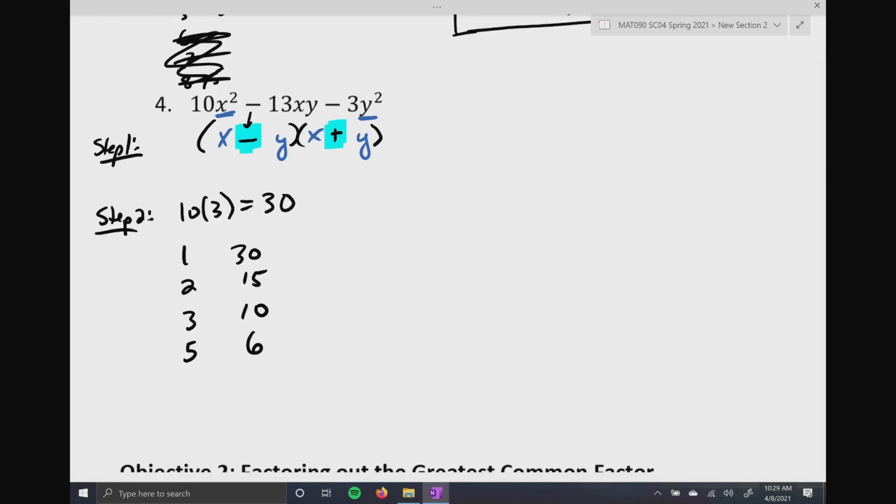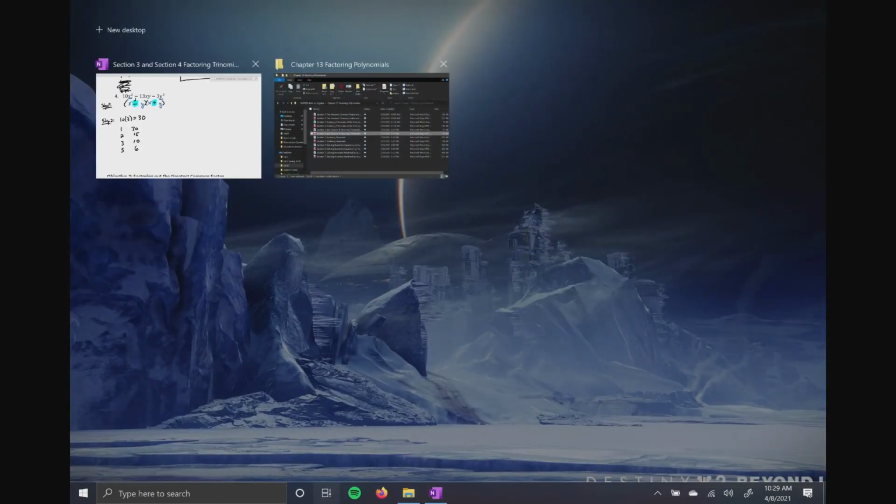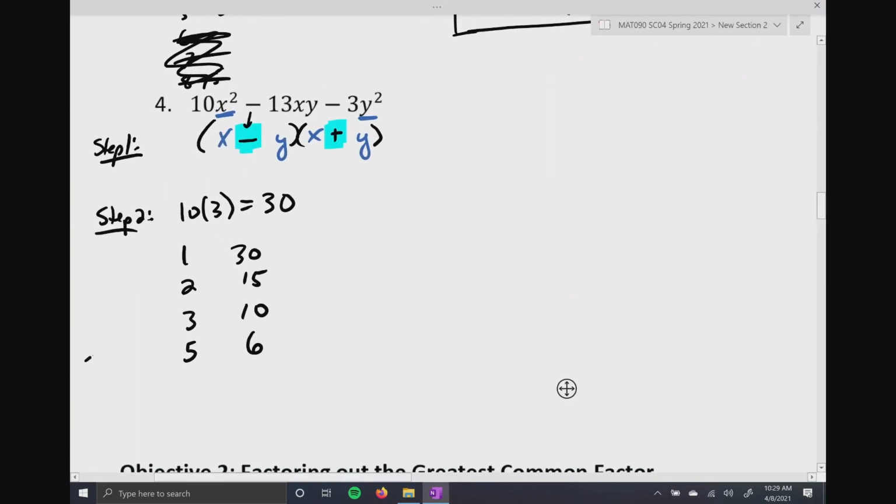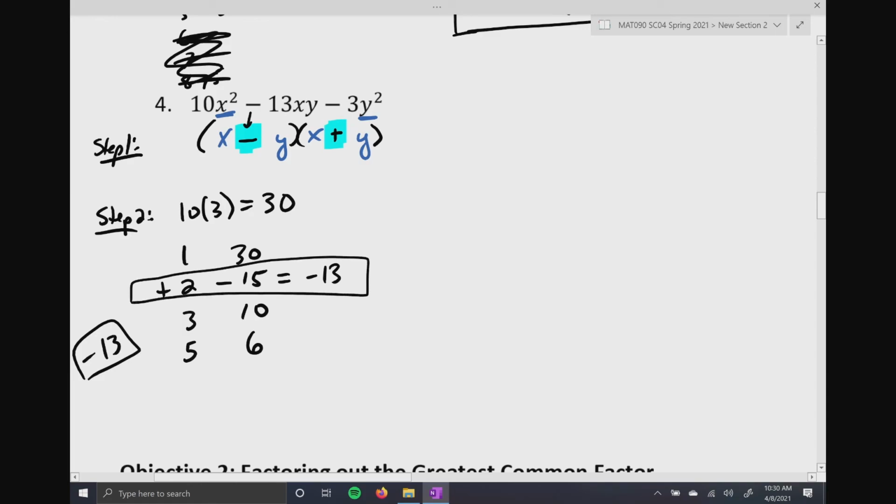Step 1 tells me the signs of my numbers. One of them is going to be negative. The other one is going to be positive. I need negative 13. So, the only way I'm going to get negative 13 is plus 2 minus 15. That gives me negative 13. Does that make sense, everyone?